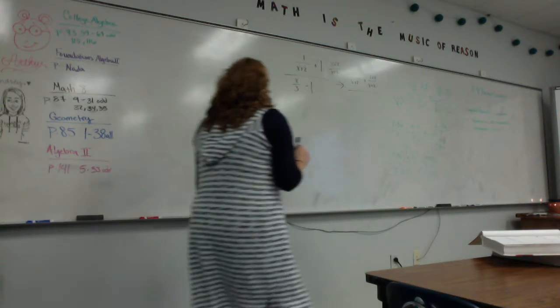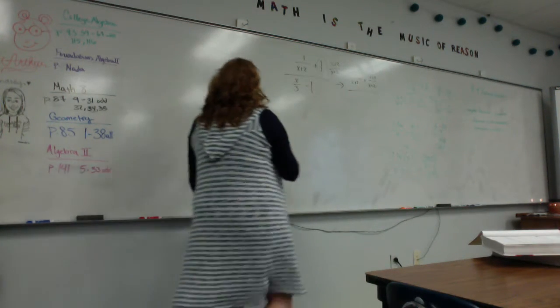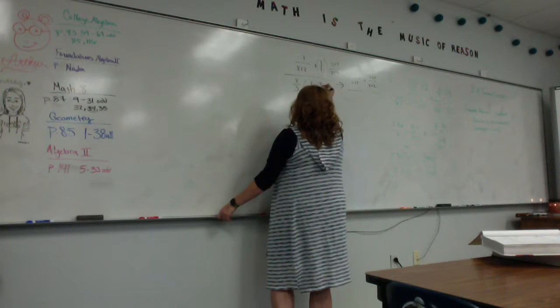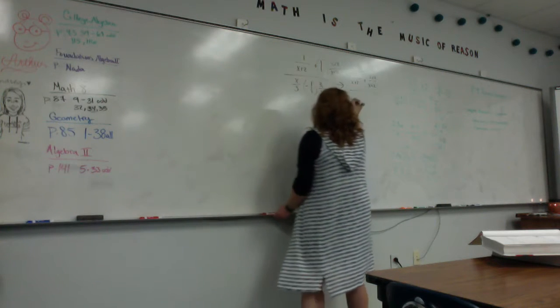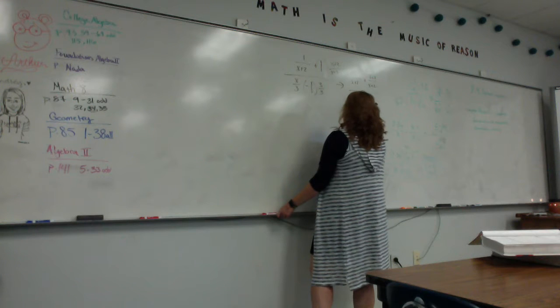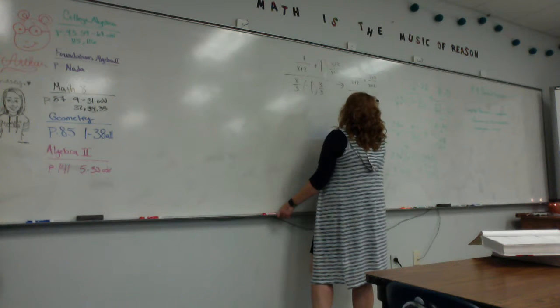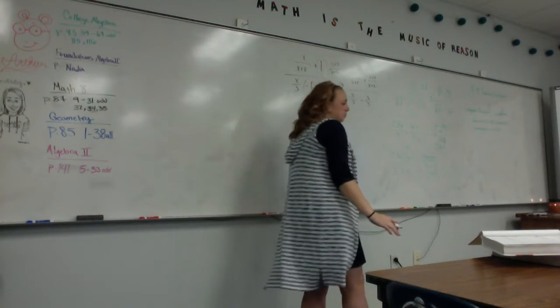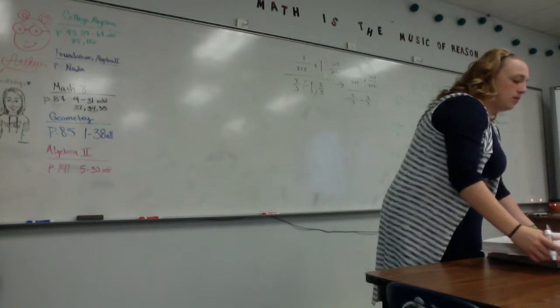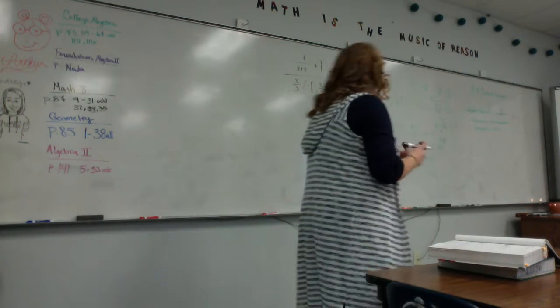What's the common denominator on the bottom? 3. So I'm going to multiply this by 3 over 3. So you get x over 3 minus 3 thirds, right? Okay, we're going to leave it that way so that we can see that it's a common denominator and combine it.